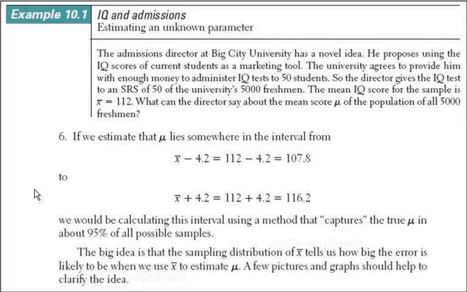So a 95% confidence interval just means I pick a low boundary and a high boundary between which I am 95% confident that the true population parameter, in this case, the true mean IQ score for everyone in this freshman class, lies. And we'll pick up with some examples in the next podcast.